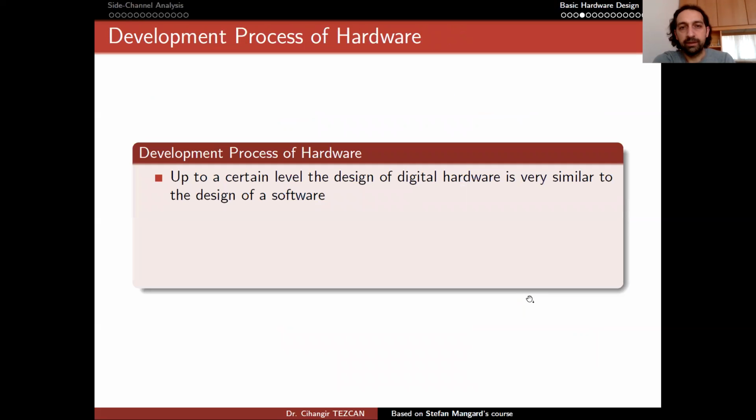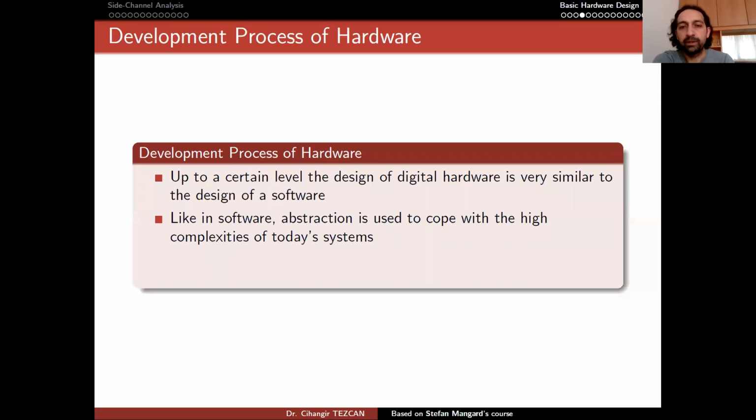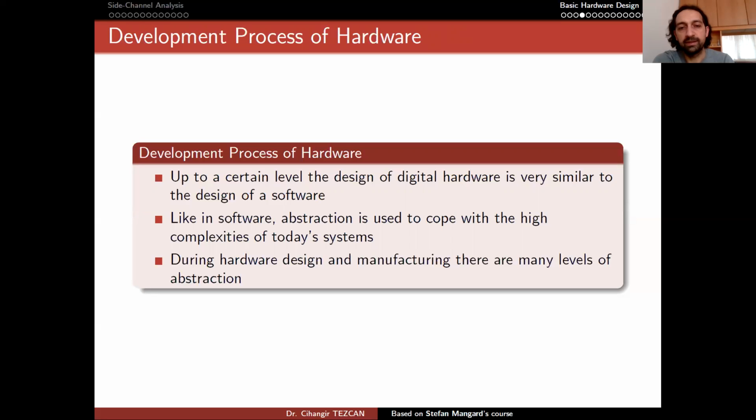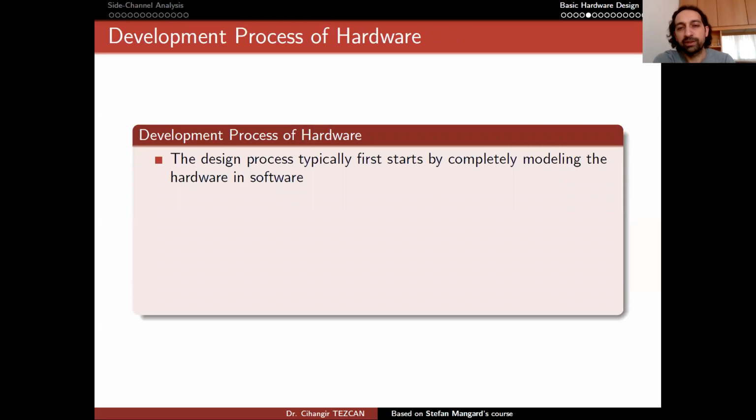So let's look at the development process of hardware. Up to a certain level, the design of digital hardware is very similar to the design of software. Like in software, abstraction is used to cope with the high complexities of today's systems. During hardware design and manufacturing, there are many levels of abstraction. The design process typically first starts by completely modeling the hardware in software.